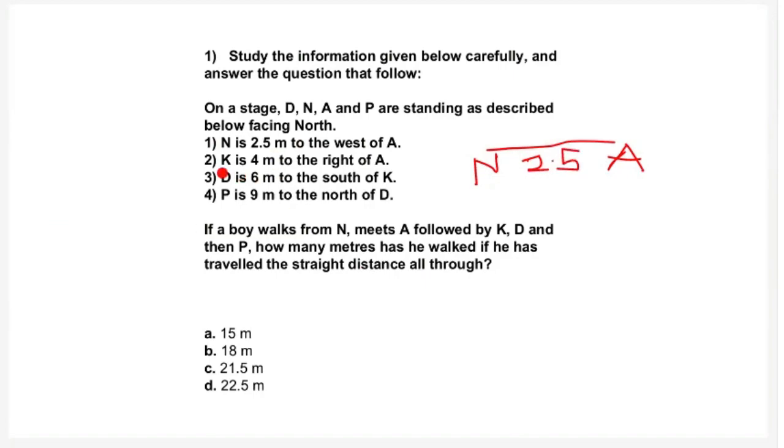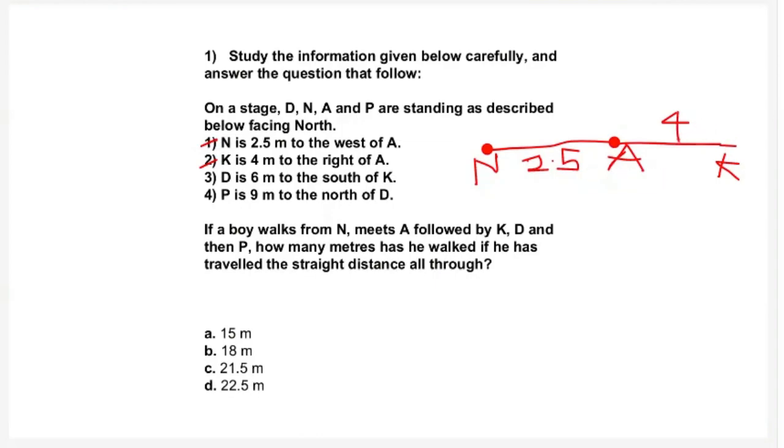This is the first information. Second information, K is 4 meters to the right of A. K is situated 4 meters to the right of A. So K is situated over here.